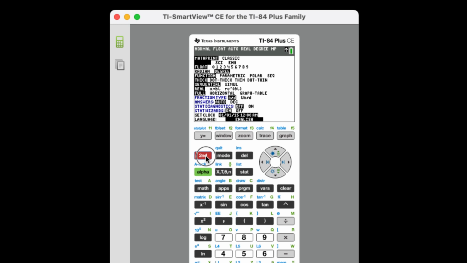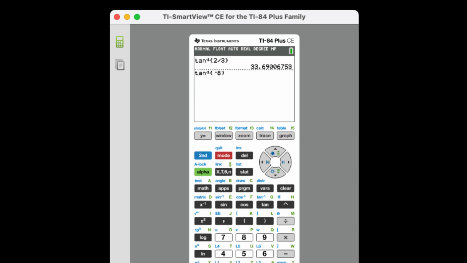Yes, we are. What's that going to be? Let's go to the nearest whole number. What's theta? Isn't that negative what? Negative 83 degrees. Is that true? All right.